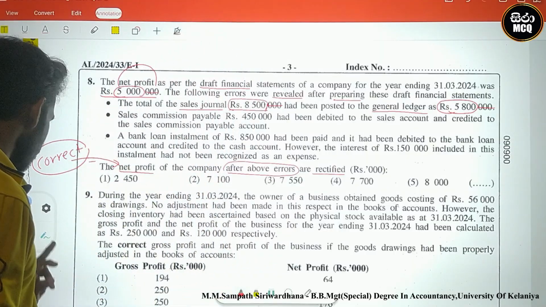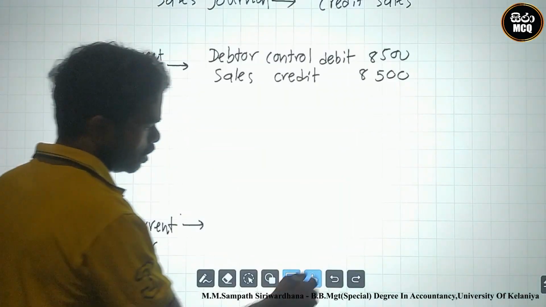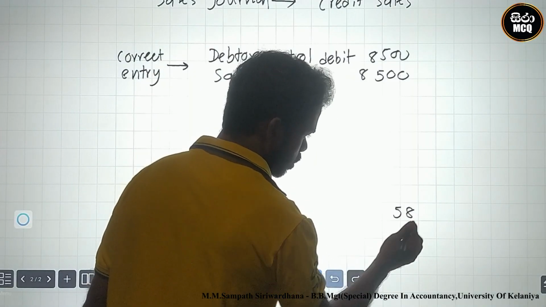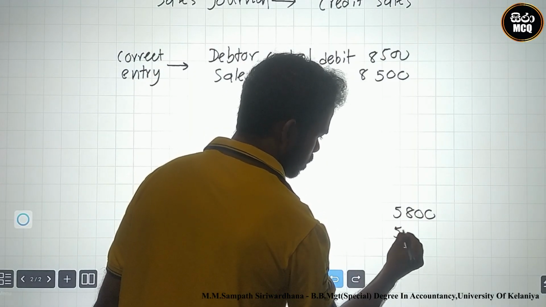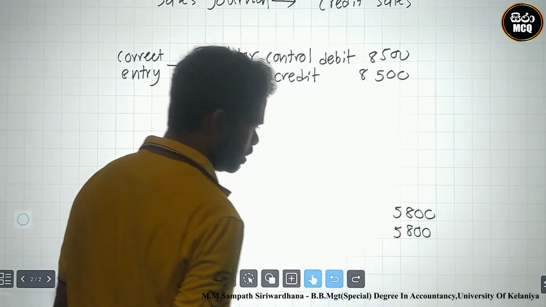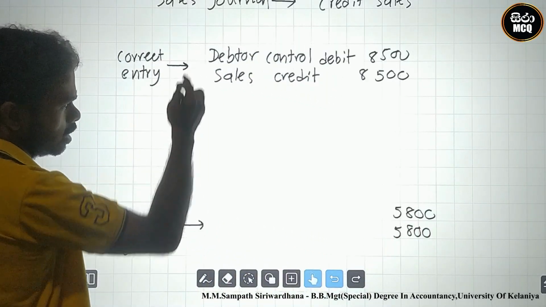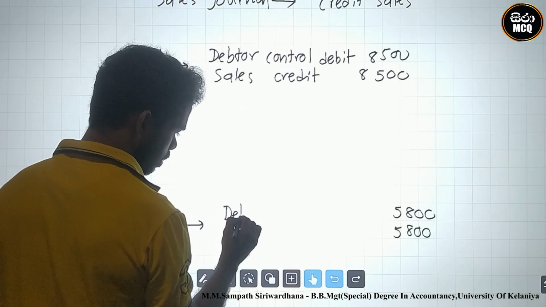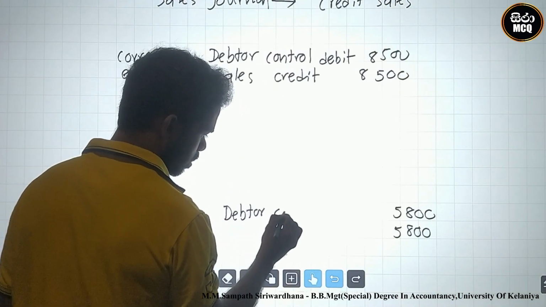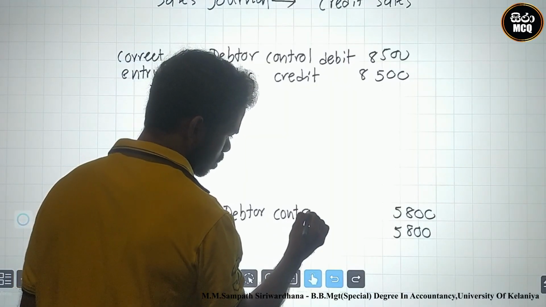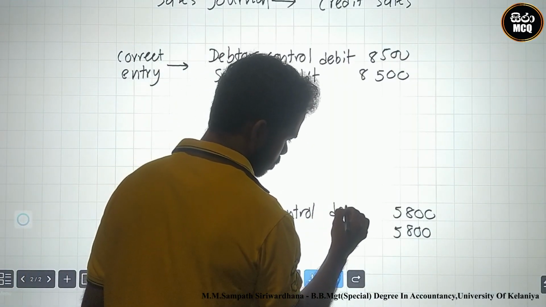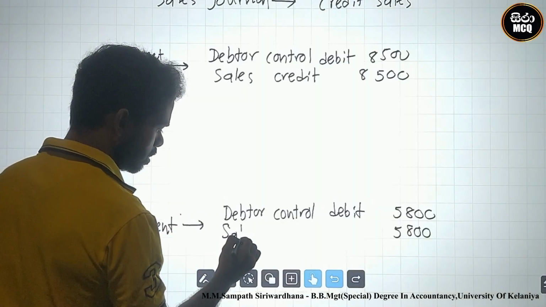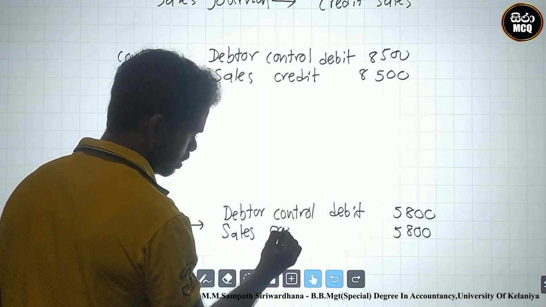All accounts 5,800. 5,800 posted to general ledger. Which accounts? These accounts. Debtor control debit, debit sales credit. Sales credit.